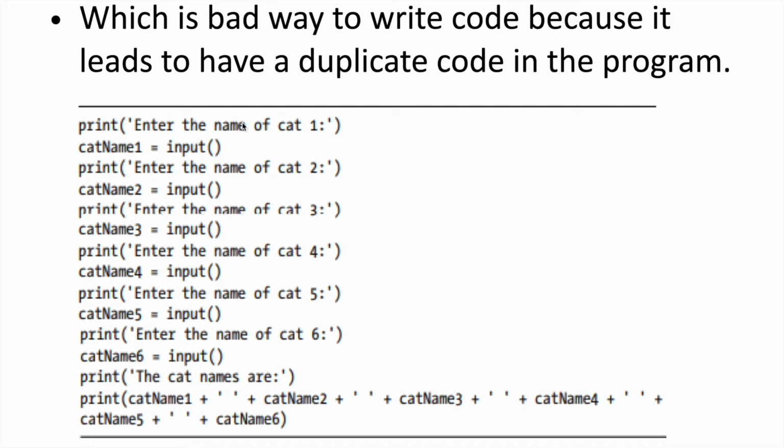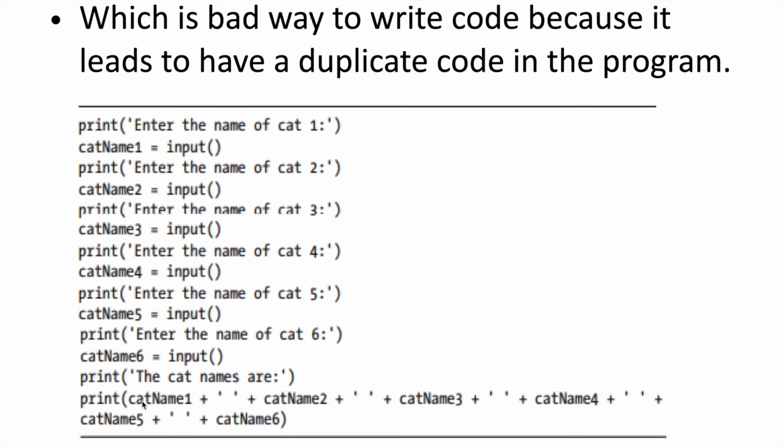I will ask the user for the first cat name and store it in the catName1 variable. I will ask the user to enter the second cat name and store it in the variable catName2. In this way, I'm asking the user to enter a total of 6 cat names by creating separate variables, 6 variables in total.